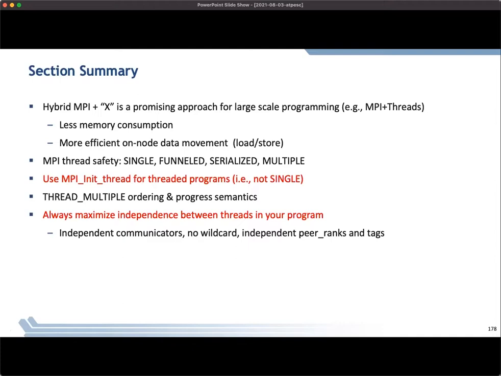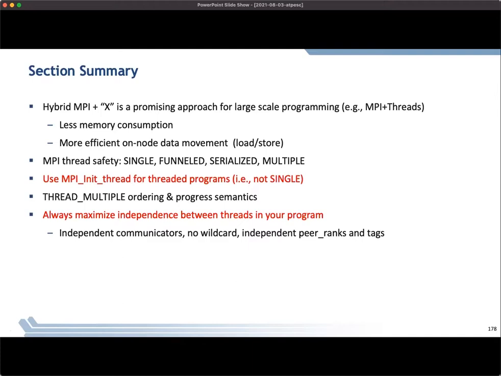And from the MPI perspective, all you need to do is initialize your application with MPI init thread and select one of these four thread models. Actually one of three, because single is no threading. But do remember if you want to use MPI thread multiple communication, there are ordering and other correctness considerations that you need to be careful of.